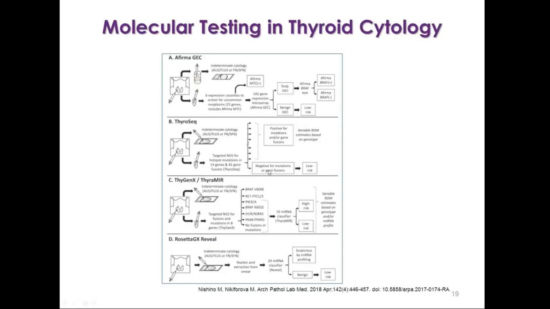If you see here, most of these tests require an additional dedicated pass in a separate media that can be sent for testing. These are done in a centralized lab. The only test that will let you test from smears is Rosetta, where you can send them your archival smears and they will scrape off the smear to perform the tests.